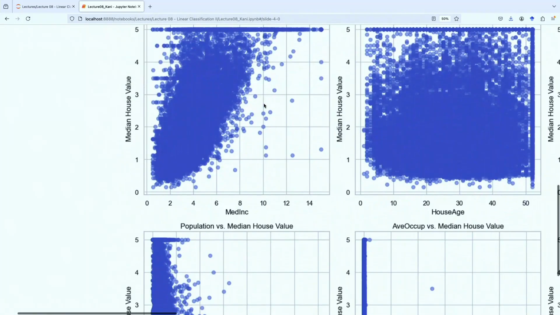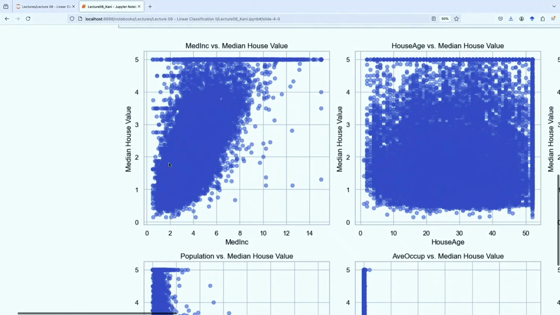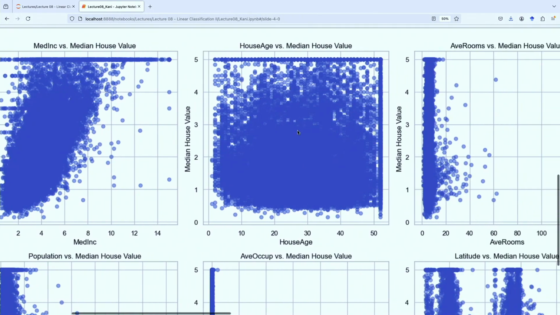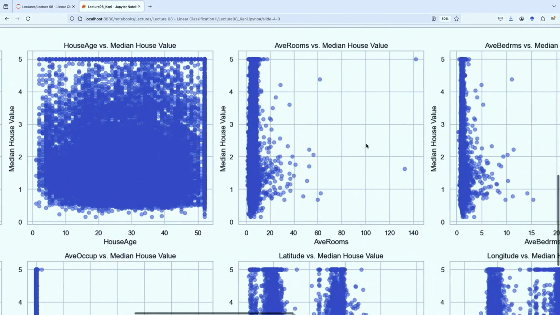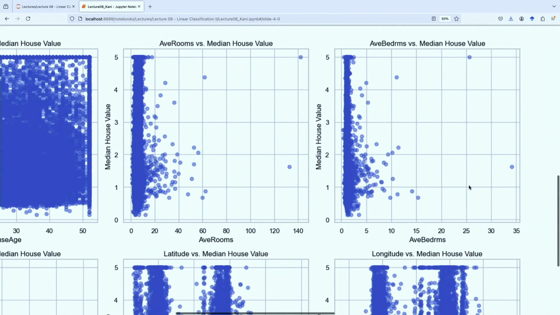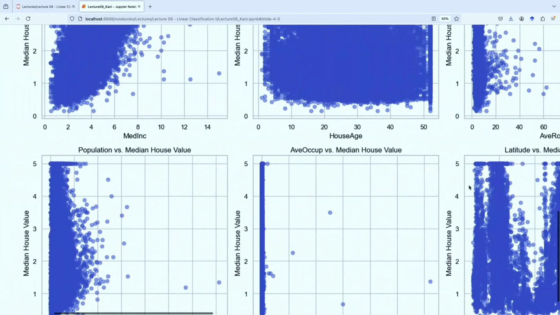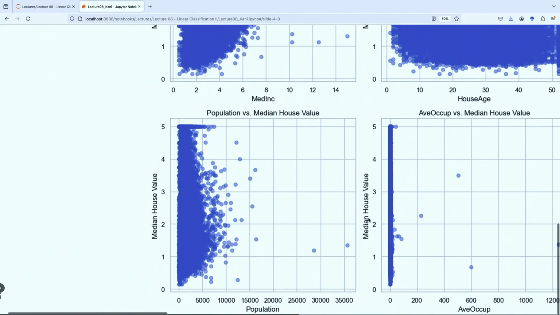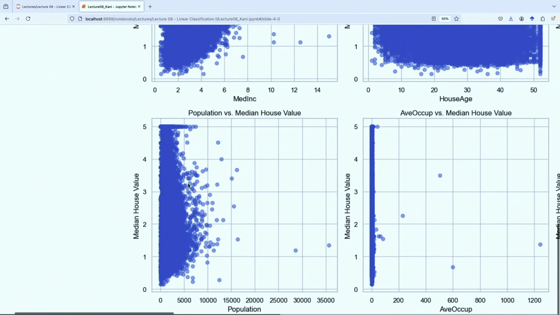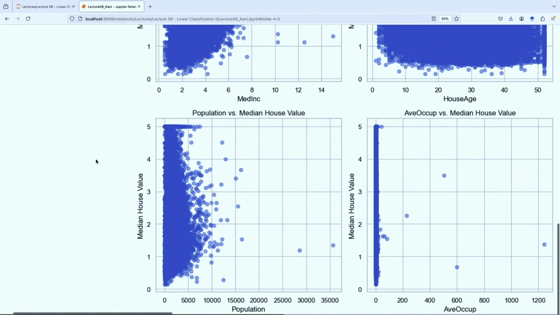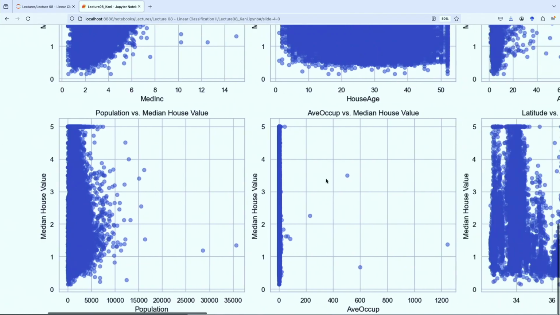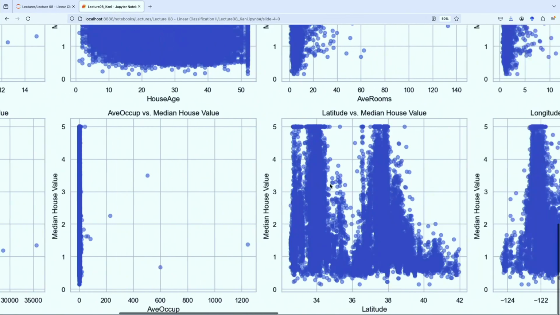It gives you the house value given the median income, the house age, the average number of rooms, average number of bedrooms, population, the population density I should say, the average occupancy, latitude, longitude.